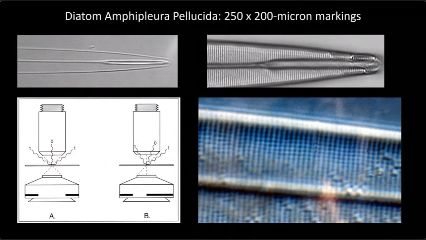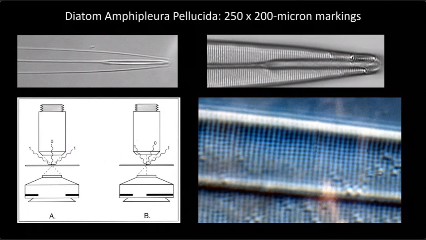If you go to a 1.4 NA microscope and you put oil on top of the specimen, and it has to be an oil condenser, so between the condenser and the specimen there's oil also, you will be able to see the lines that are 250 microns apart. So if you really got a good microscope, you'll be able to see those lines. But the problem is the 200 micron spacings, the diffraction pattern, look at the bottom left.